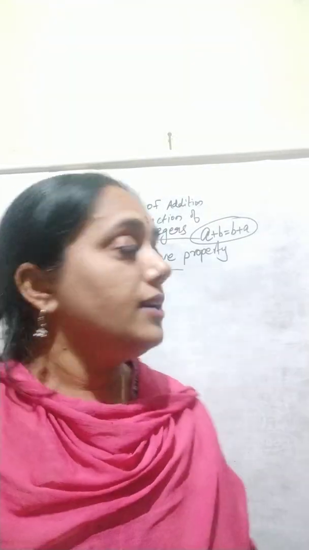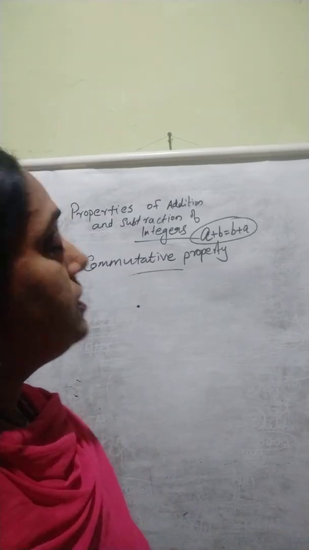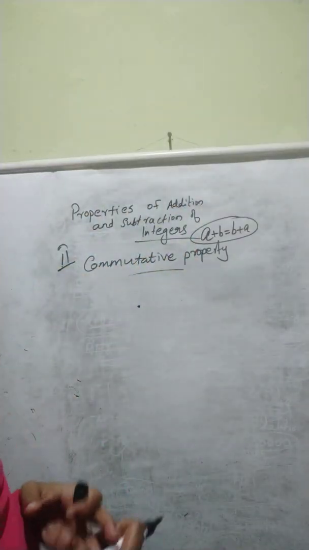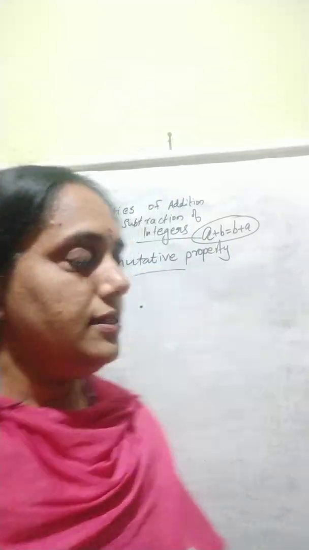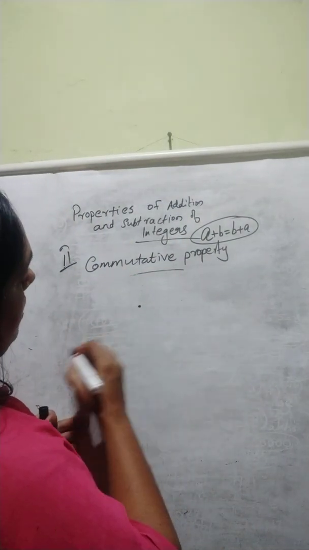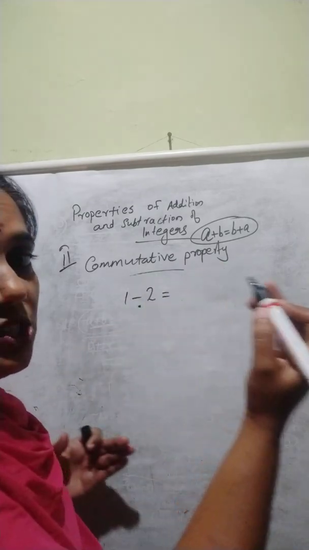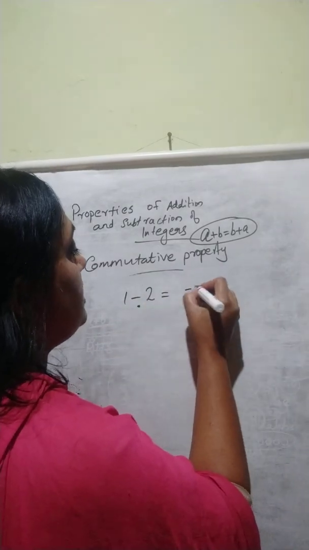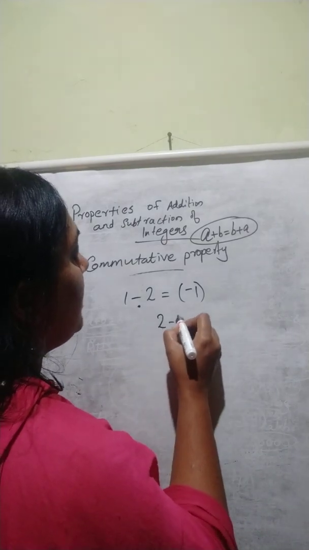Now we can check the commutative property of integers in the case of subtraction. All numbers are integers, no? Whole numbers are integers. Then 1 minus 2, so we have to write negative 1 as the answer. Then what about 2 minus 1?